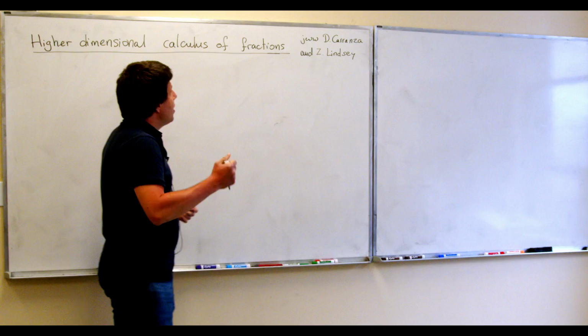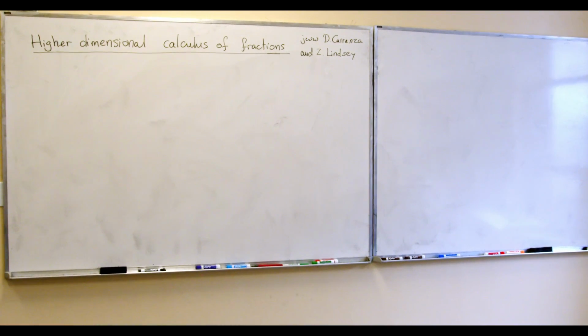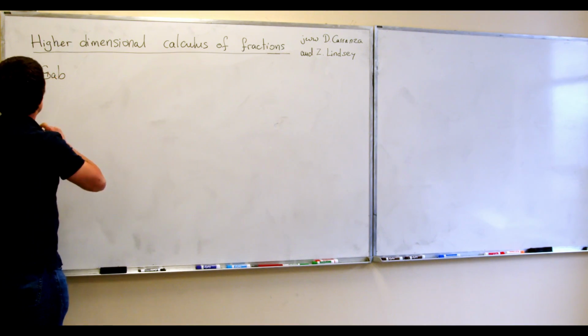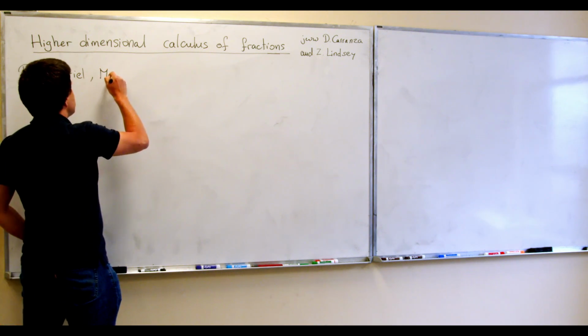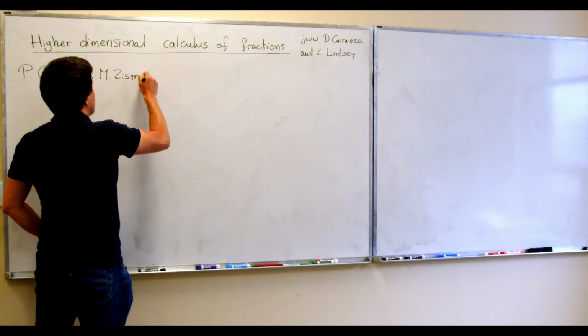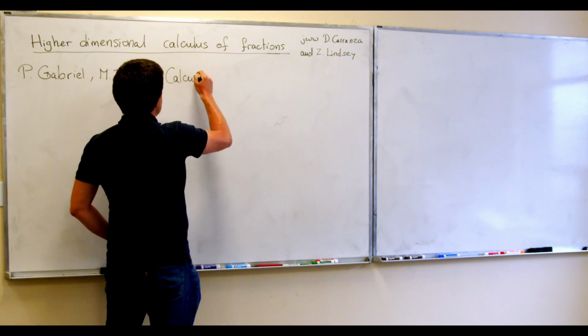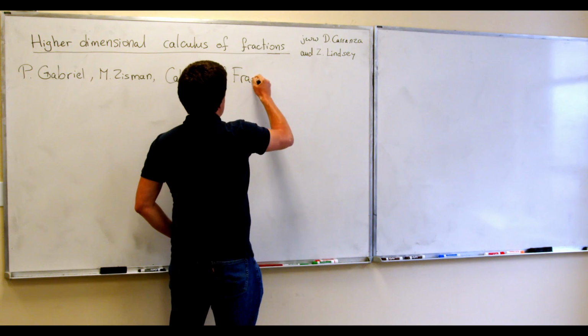Okay, so what is it that I want to talk about? I'm going to actually go back in time a lot to 1967, to a book by Gabriel and Zisman, which was called Calculus of Fractions and Homotopy Theory.